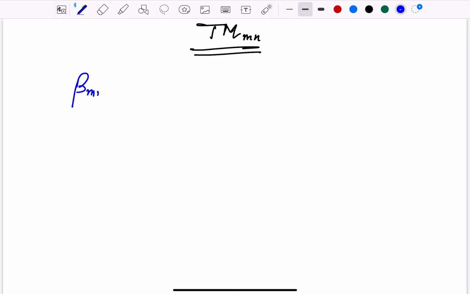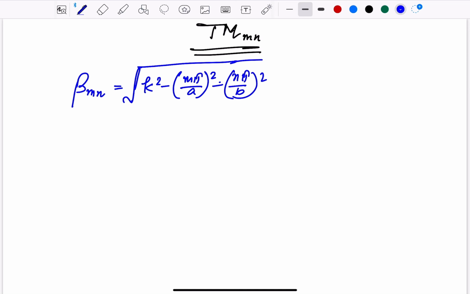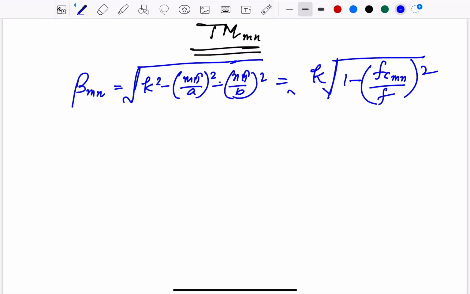First, beta mn is the square root of k square minus (m pi by a) whole square minus (n pi by b) whole square. So you can estimate like this: k times square root of 1 minus (fc mn over f) whole square. Again we will be writing all the things in terms of the cutoff frequencies like we did last time.